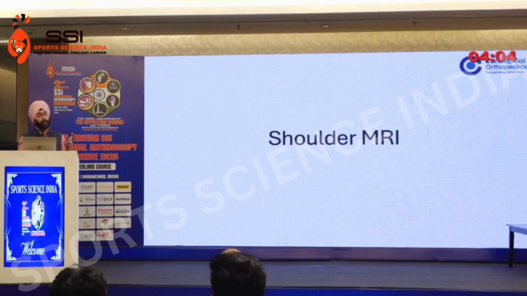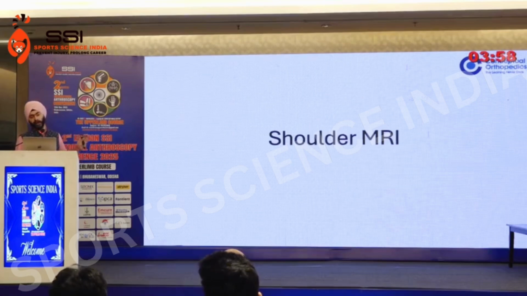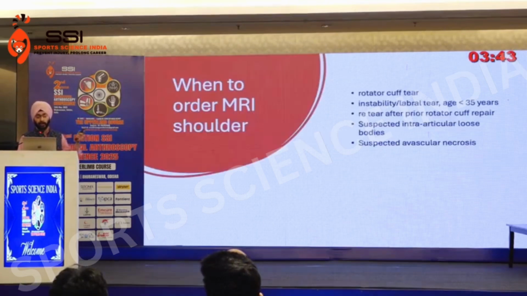You're not going to plan your management on these X-rays, so I don't waste the patient's money or time on those special views. I just get these X-rays in orthogonal planes, and then I move on to further investigation. Shoulder MRI is one of your best friends for planning your shoulder cases or making your diagnosis.